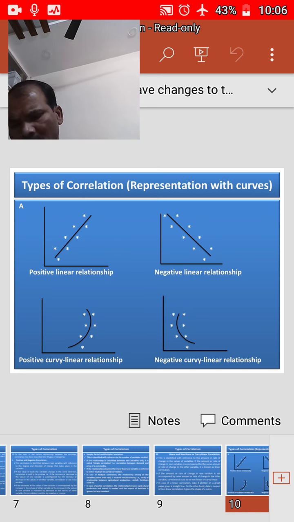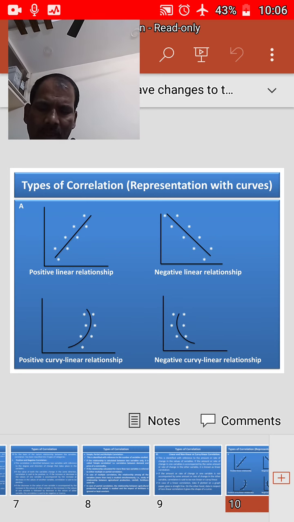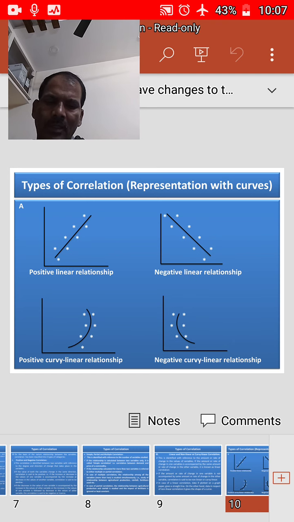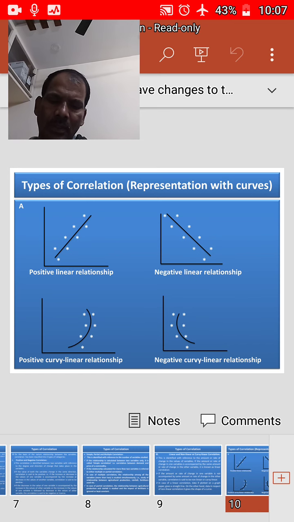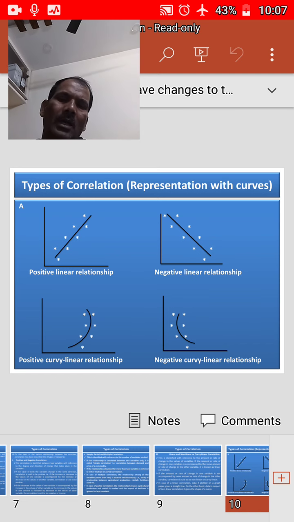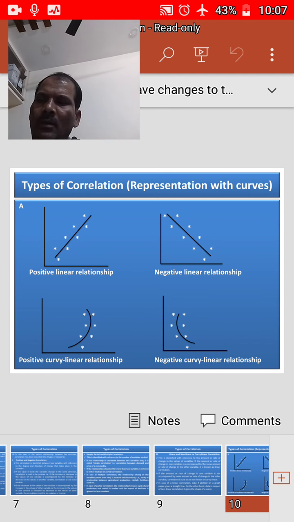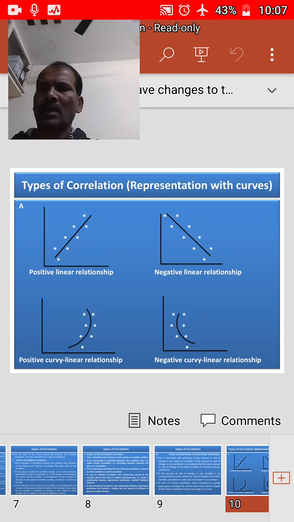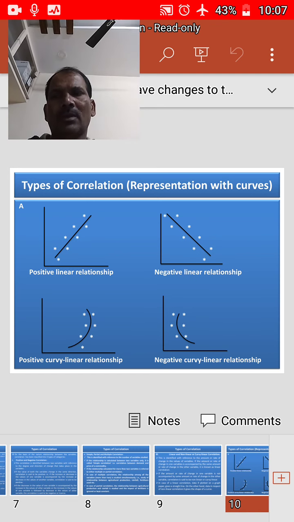In our daily life, we are concerned with variables that have non-linear relationships. Since the statistical measures to study non-linear relations are far more complicated, we generally assume the presence of a linear relationship between the variables.